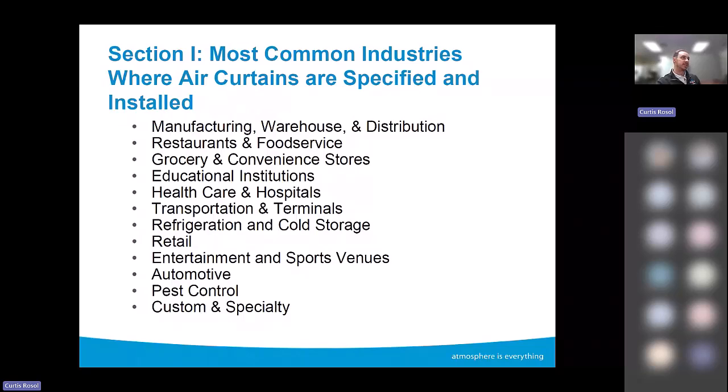When we're typically dealing with very cold temperatures and very hot and humid ambient temperatures on the other side of that door, your energy savings or your need for temperature control is going to be a lot more noticeable or apparent in those applications. Retail, sports venues, car dealerships, again, very big for entry doors, and then pest control and those custom and specialty options. Those vary on a case-by-case basis.